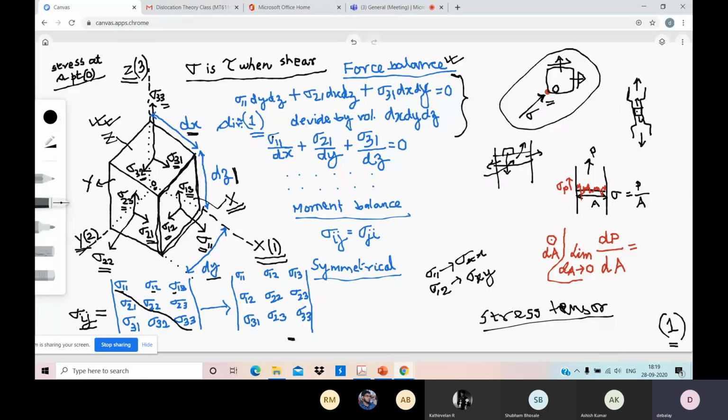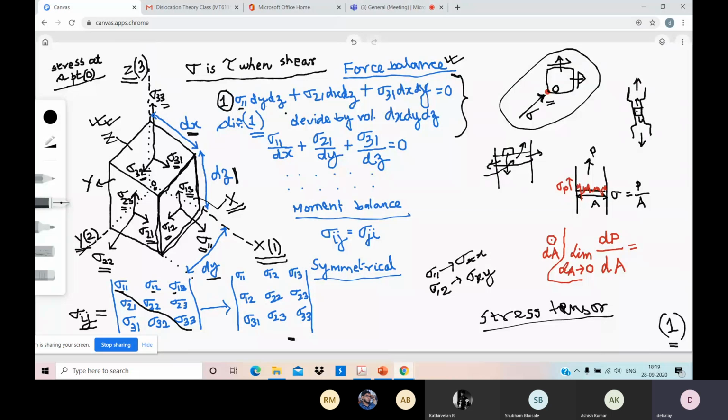Now if we try to do the force balance, what will be the expression? Suppose I am considering direction 1, or x. Along direction 1, what expression are we going to get? Sigma 1 1 is acting on which plane? It is acting on the x plane.